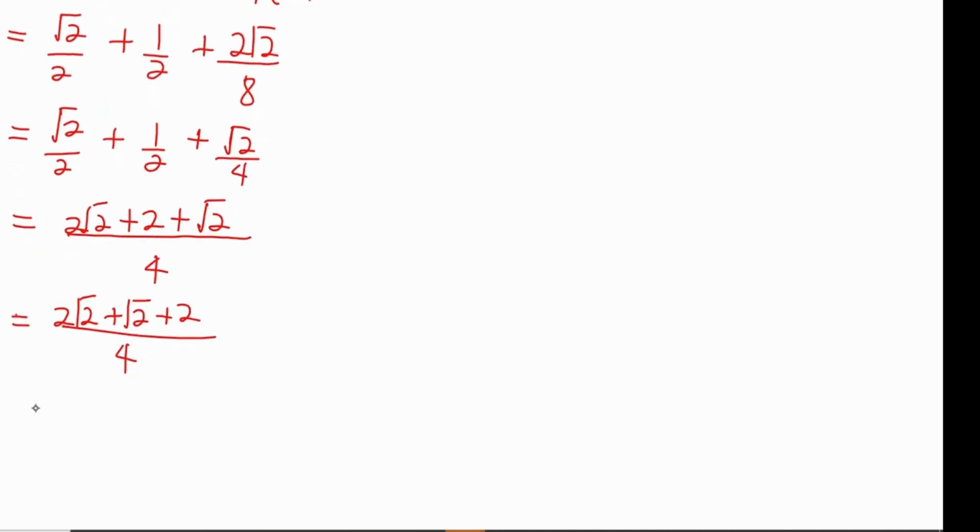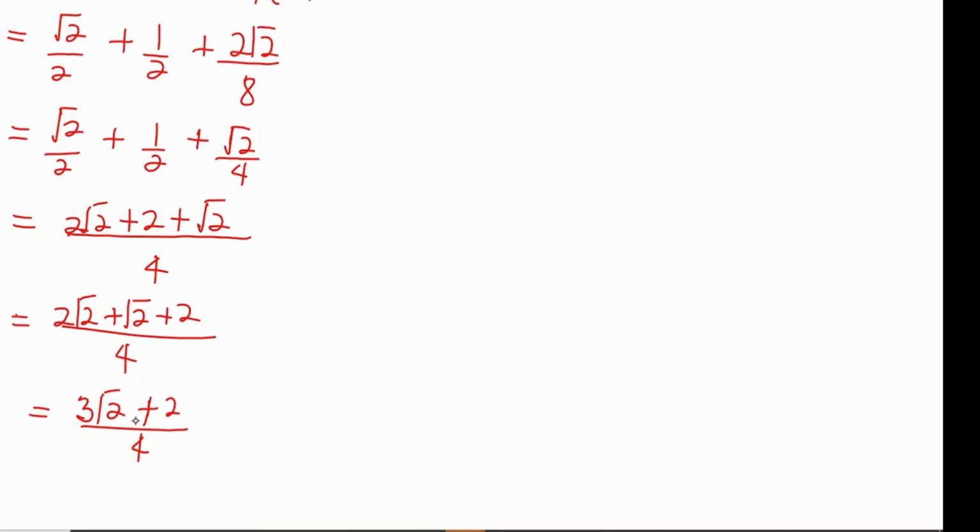Now the next step here is that we are going to add the like surds, and when we add, we are going to have 3 square root of 2 plus 2, all divided by 4, and we have been able to rationalize this. So this is the simplification or the rationalization of the question, 1 out of square root of 2 plus 1 out of 2 plus 1 out of 2 square root of 2, and this becomes simple.